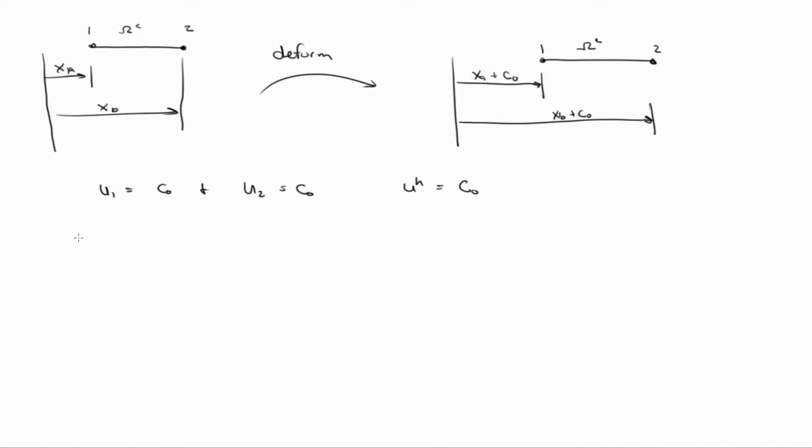We know U of H is equal to C0, which is equal to N1 U1 plus N2 U2, and if we plug that in, that's N1 C0 plus N2 C0. If we divide both sides of this equation by C0, then I get 1 is equal to N1 plus N2.